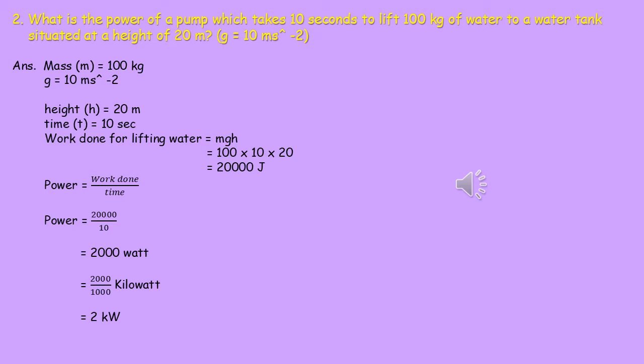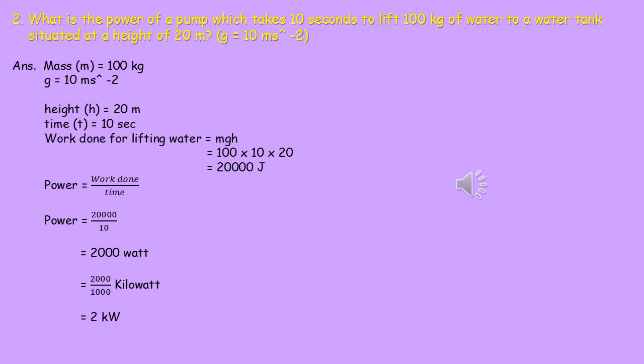Mass is 100 kg, g is 10 meter per second square, height h is 20 meter, time t is 10 seconds. Work done for lifting water will be equal to mgh, that is 100 into 10 into 20, that is 20,000 joule.